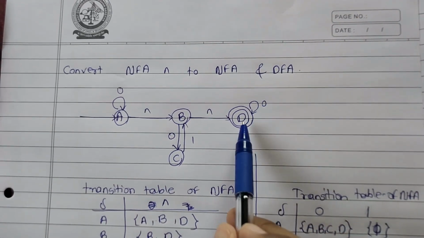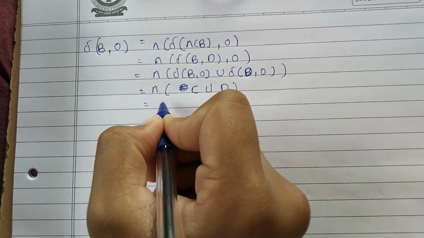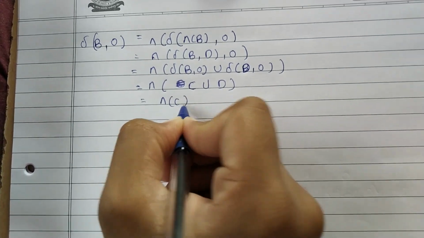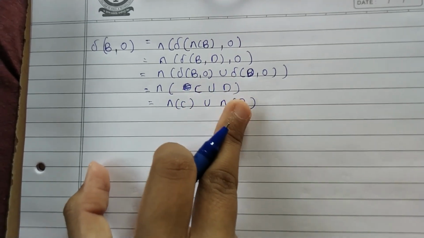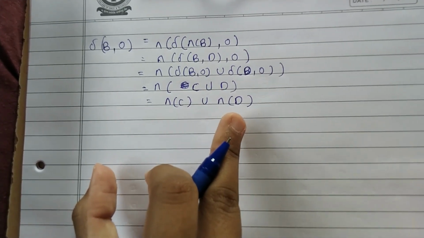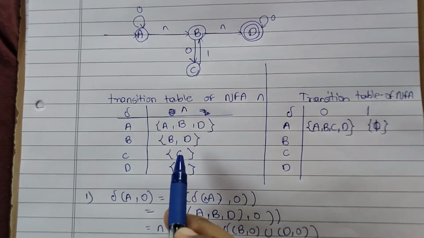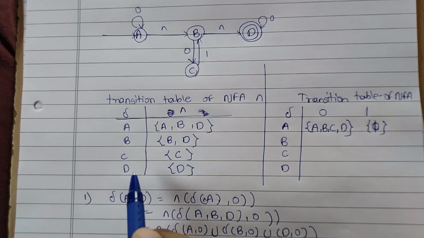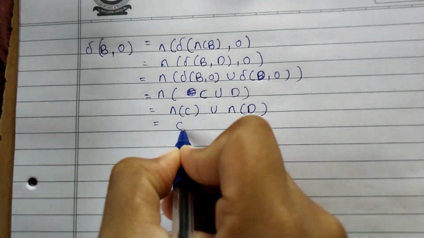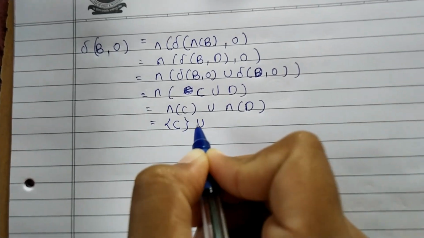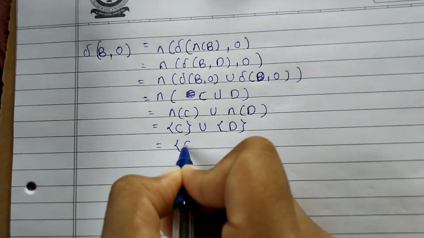D reads 0 in D itself, so here D. Now we write here null of C union null of D. Now we perform null on this C and D. We see in this null table C comma null is C itself and D reads null in D. So null C is C union, now this is the set, and null of D is D. So the final answer is C comma D.